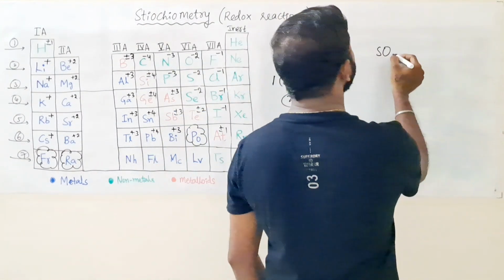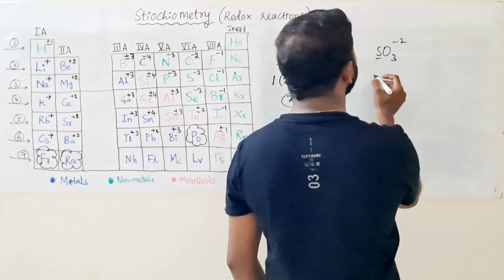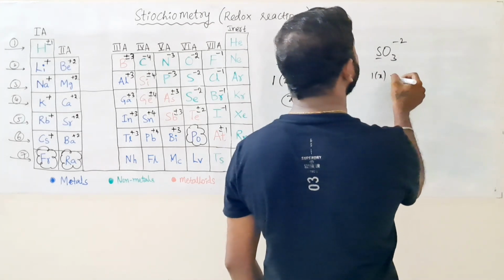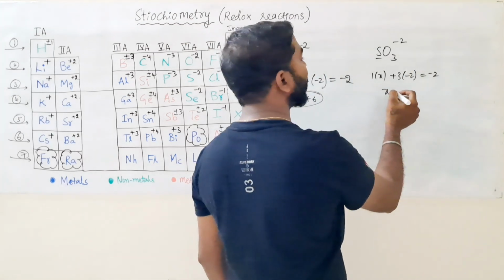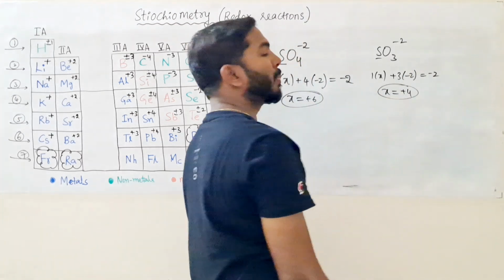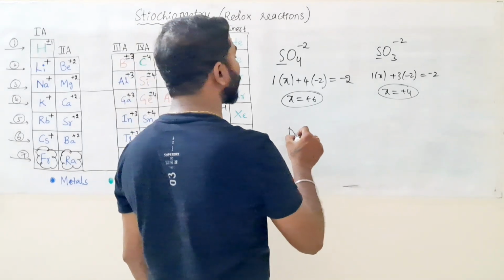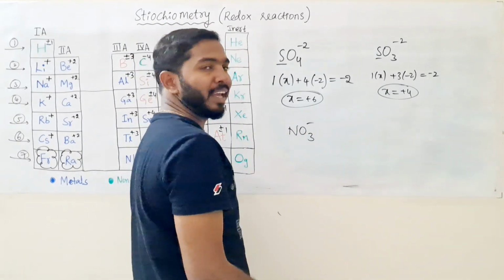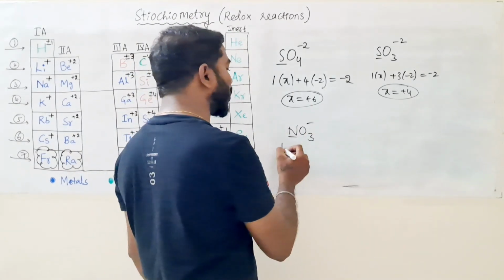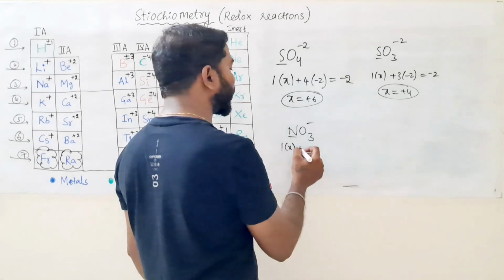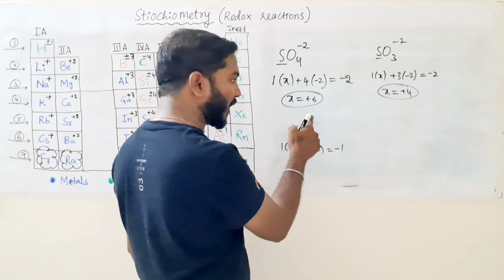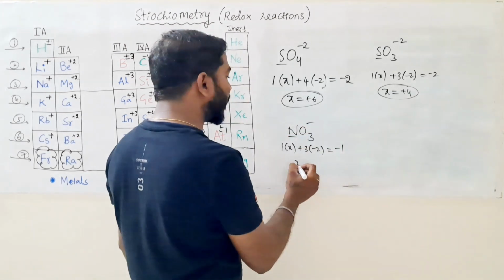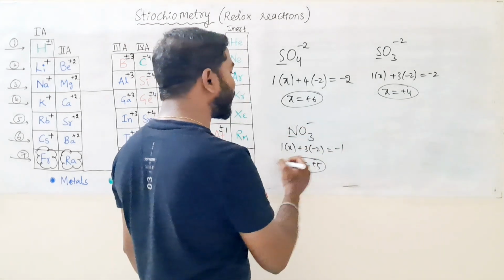And now if you take SO3 -2 sulfur, that is 1 into X plus 3 into -2 is equal to -2, and then X is going to come out as +4. Similarly you take nitrate ion, that is NO3 minus. If you calculate the oxidation number for nitrogen, that is 1 into X plus 3 into -2 is equal to -1, and then X is going to come out as +5.